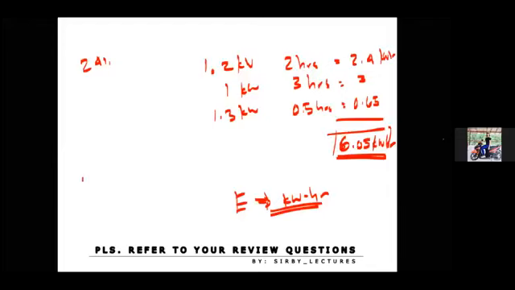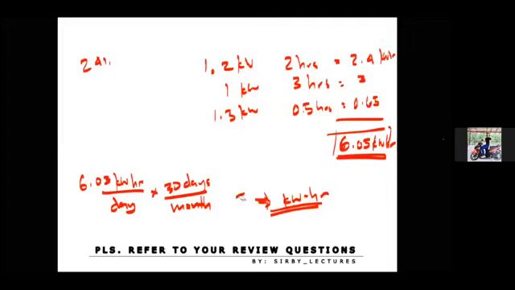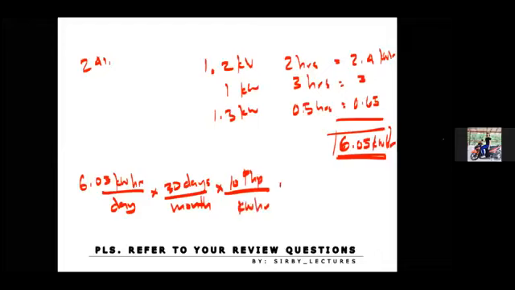Now let's multiply this 6.05 kilowatt hour, this is actually kilowatt hour per day, times our 30 days per month, times 10 pesos per kilowatt hour.